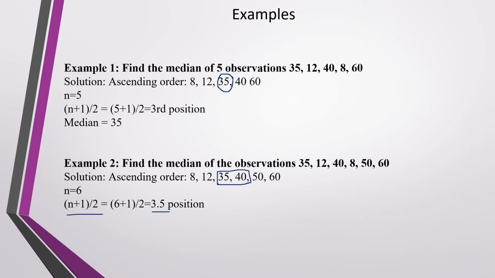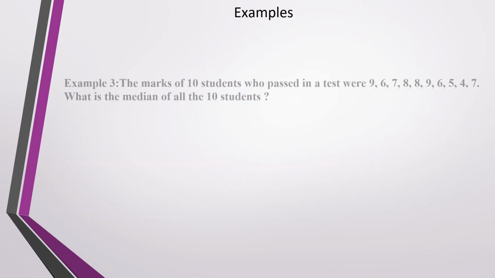That is, this is between the third and fourth. So this is your third and this is your fourth. So taking the average of these two, (35 plus 40) by 2, which will give you 37.5, which is your median.